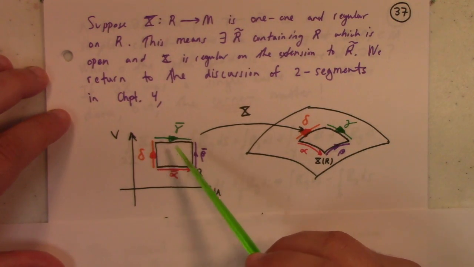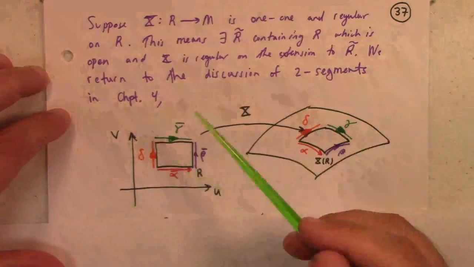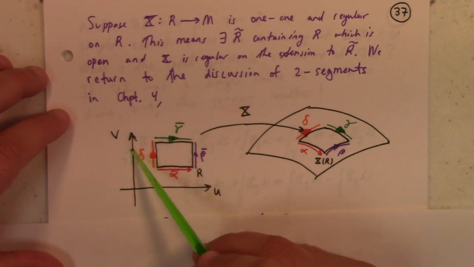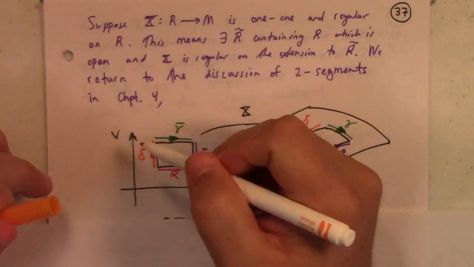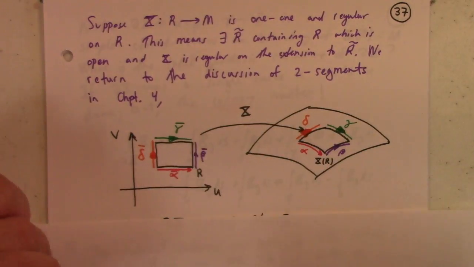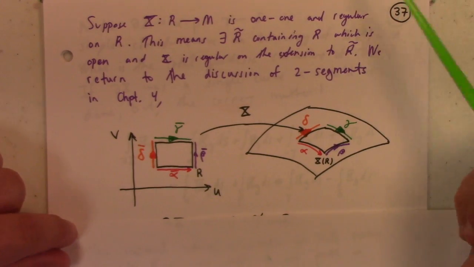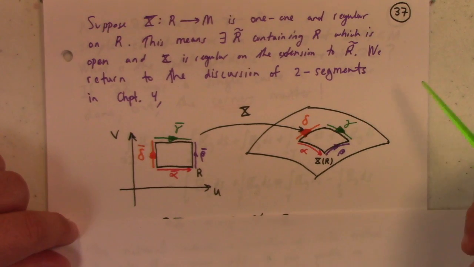To get the counterclockwise orientation, you maybe would want to use minus gamma and minus delta there, but don't. We make them go left to right and down to up for delta, beta, and gamma, alpha respectively.